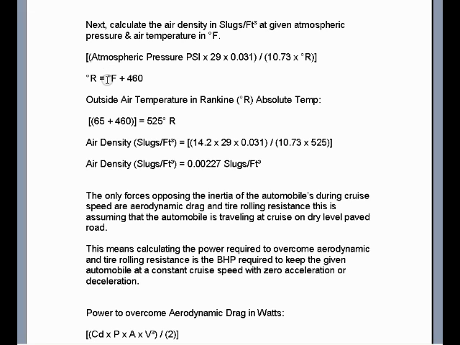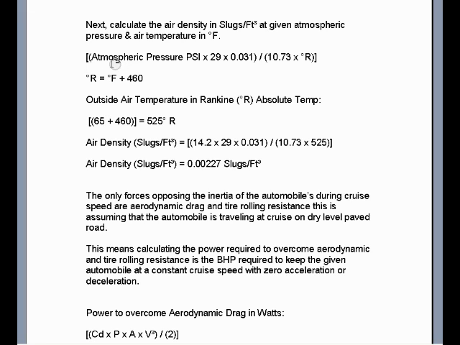So all you do is take the degrees Fahrenheit of the air temperature and add 460. This will allow you to calculate the absolute temperature of the relative degrees Fahrenheit scale. So when we do so, we get 525 degrees Rankine. This is the absolute temperature of 65 degrees Fahrenheit.